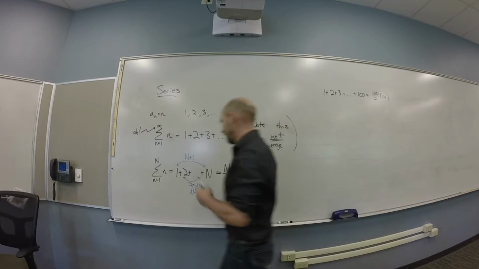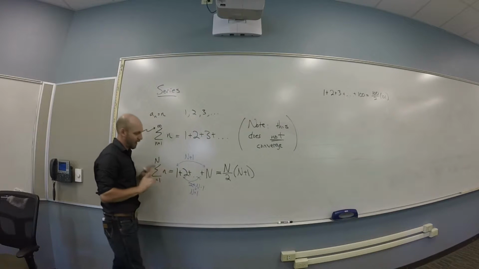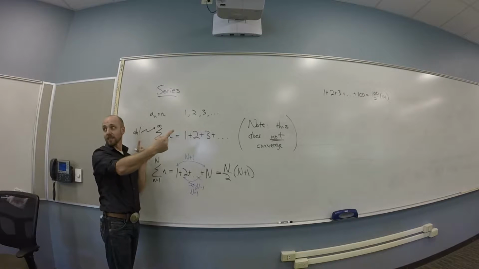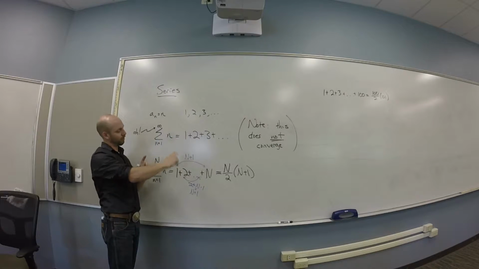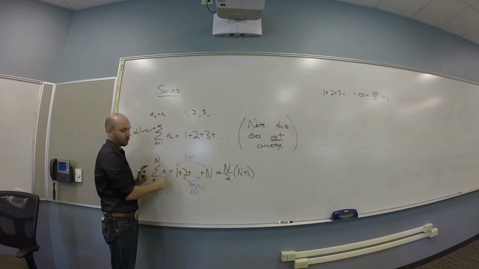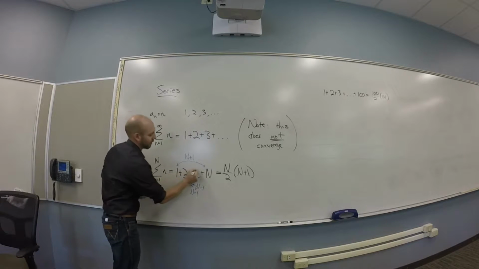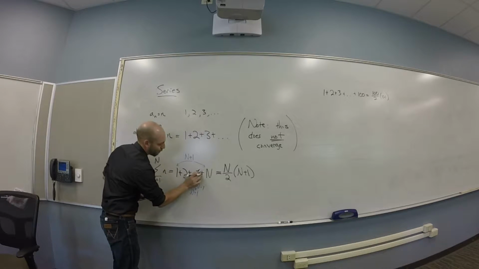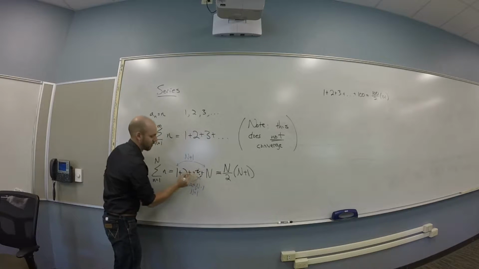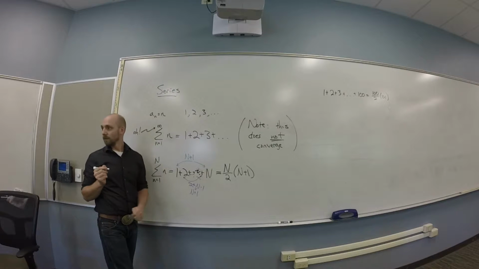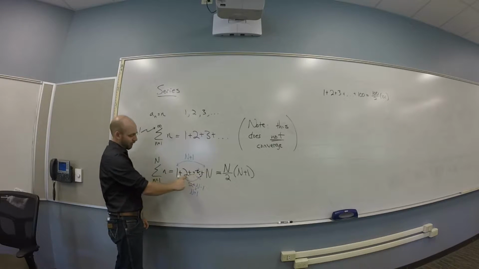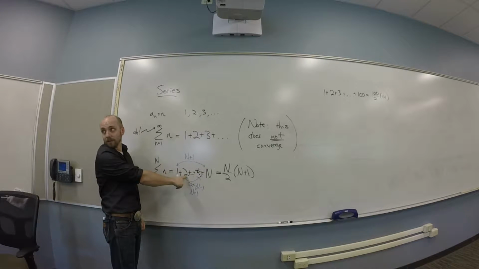And how I got this guy? So I just did pairs. I took the first thing and the last thing, and those add up to whatever the last thing is plus 1. And then the previous thing in this list was N minus 1. And so I took N minus 1 and added that to 2, because I hadn't used up the 2 yet.